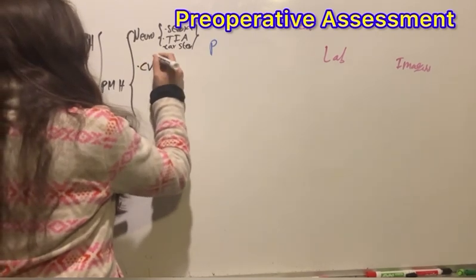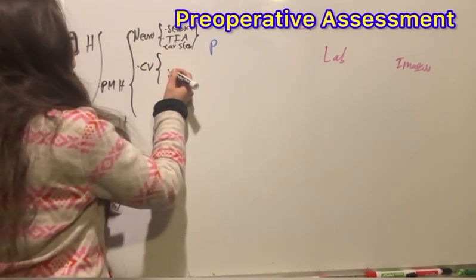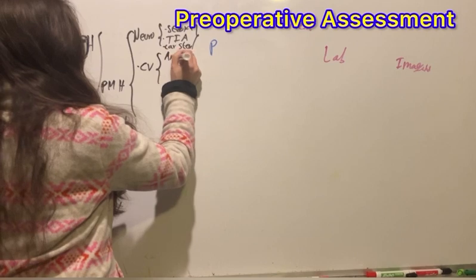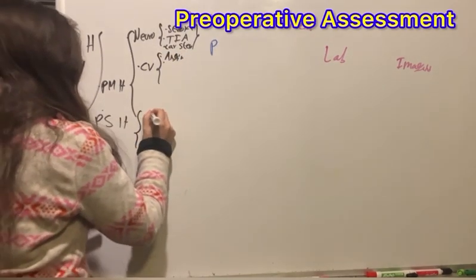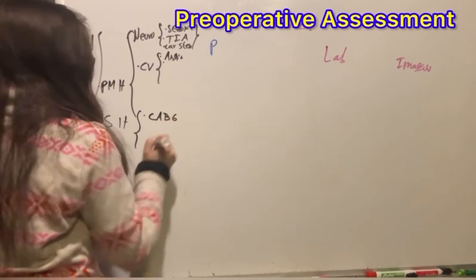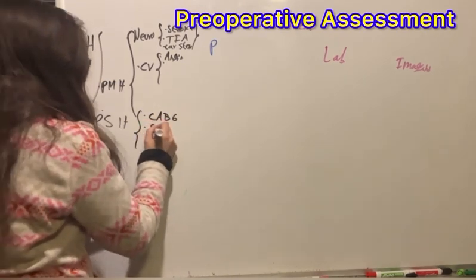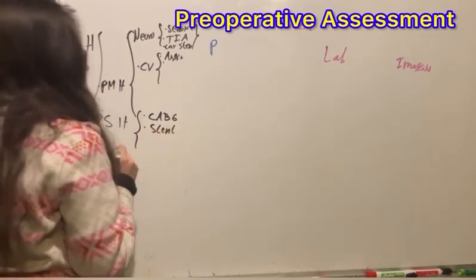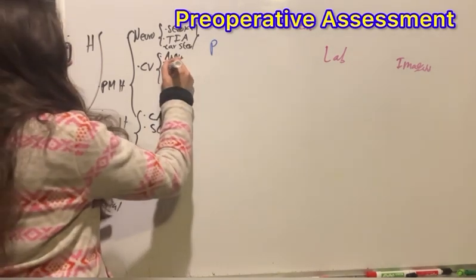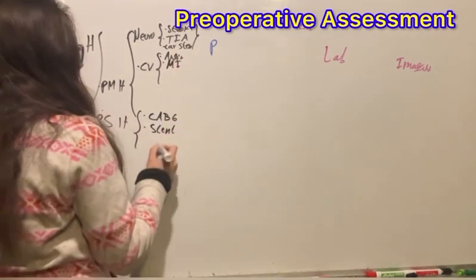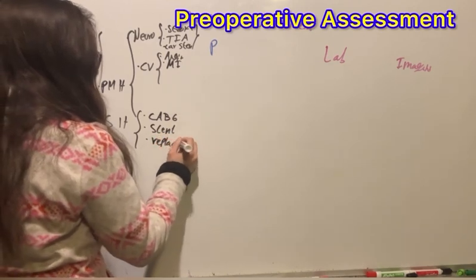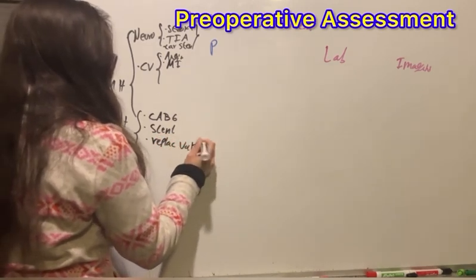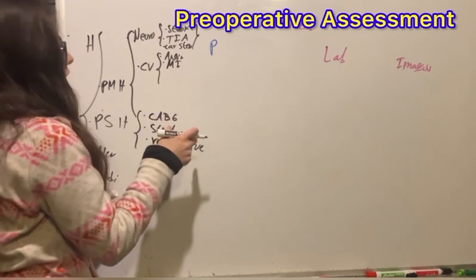Then cardiovascular. So if the patient has angina, or if the patient had a coronary artery bypass grafting done, or a stent placement for a myocardial infarction, or if the patient had a valve replacement. We need to know the complete cardiovascular history.